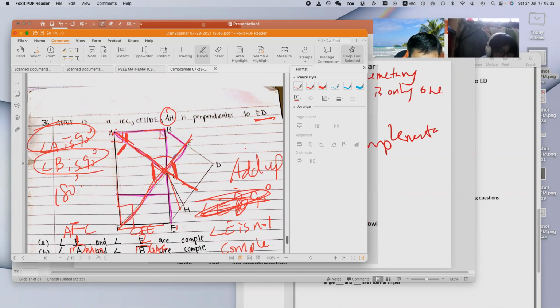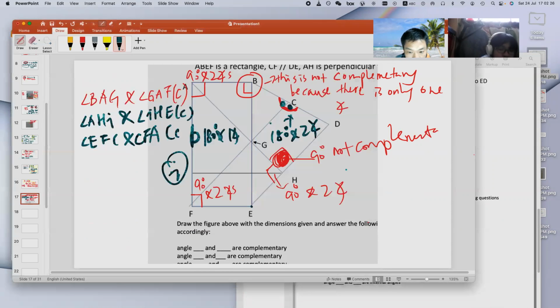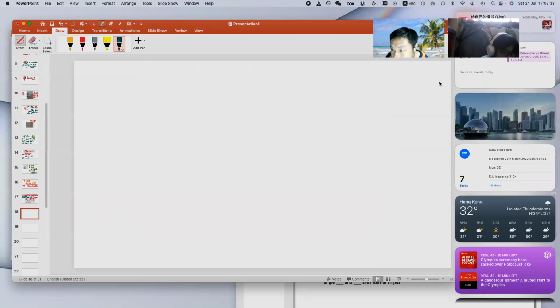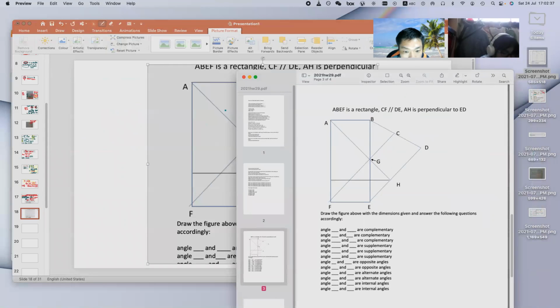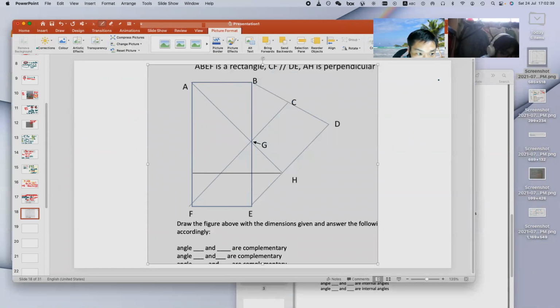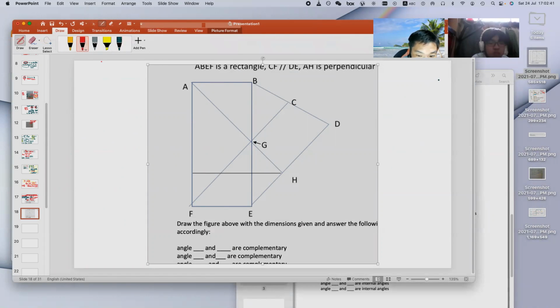By the way, these two also. So what I'm trying to say is to find opposite angle. Basically you have this as opposite angle. Right?